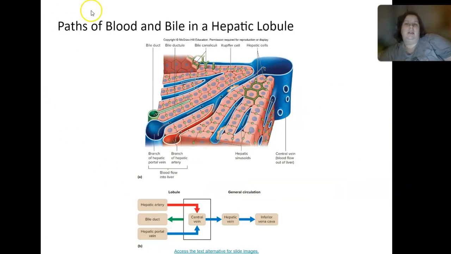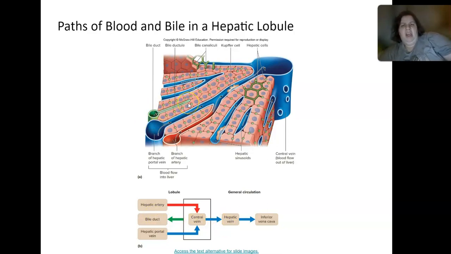And your blood flow, remember, there are two ways your liver gets blood. The main way is through your hepatic artery, and then your hepatic portal vein also gives your liver blood to the central vein. From the central vein it can go out, but it also goes to your bile duct, which is right here.